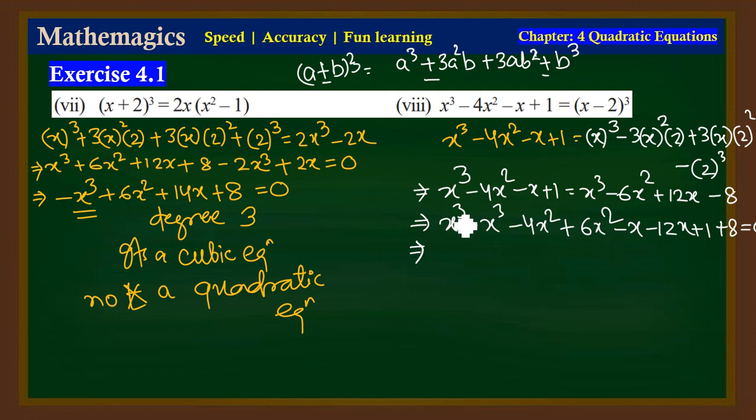So x cube and x cube are getting cancelled. Now 6x square minus 4x square becomes 2x square. Here minus 12x and minus x become minus 13x, plus 8 plus 1 becomes 9, that is equal to 0. So dear friends, here the degree of the equation is equal to 2, because in 2x square the maximum power is 2.